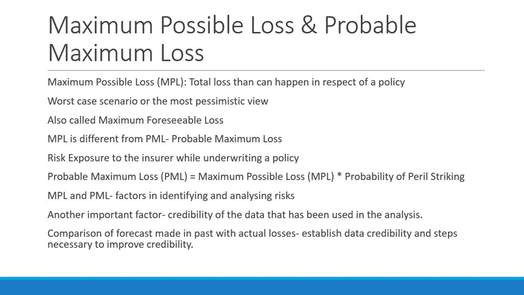There is another factor that must be looked into, that is the credibility of the data that has been used in the analysis. Occasionally, comparing the forecasts of losses made in the past with the actual losses will establish the credibility of the data as well as the steps necessary to improve the credibility.